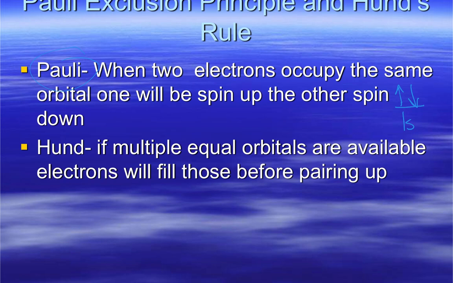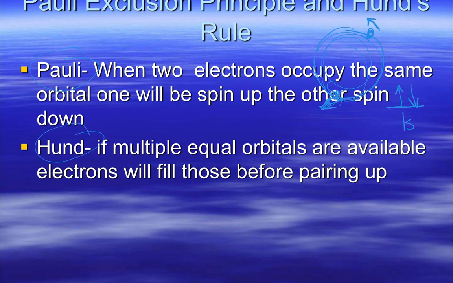The electrons are negative, right? So they want to stay as far away from each other as possible. They're going in opposite directions, rotating around, staying as far away as they can from each other.